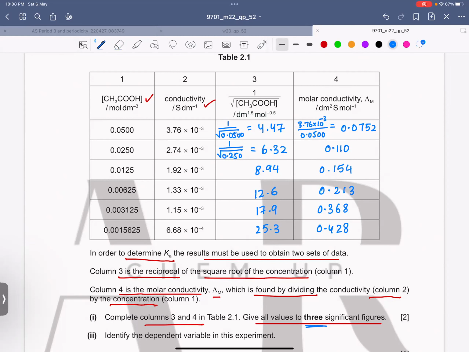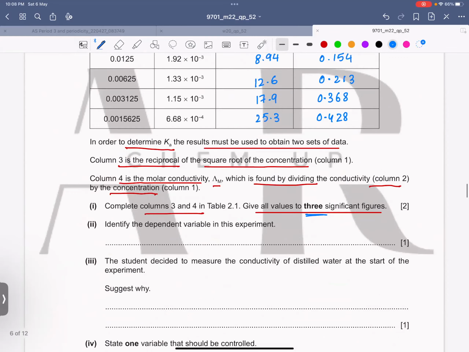But if the fourth digit is 5 or greater than 5, then I would round off the next one and take it as 0.429 for 3 significant figures. Is this clear? Yes, sir.